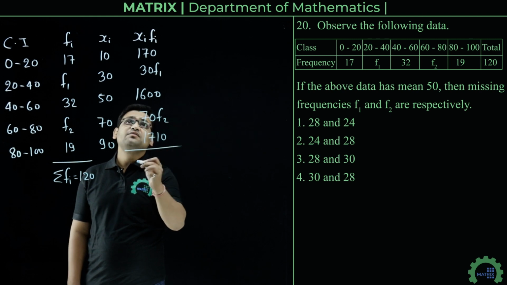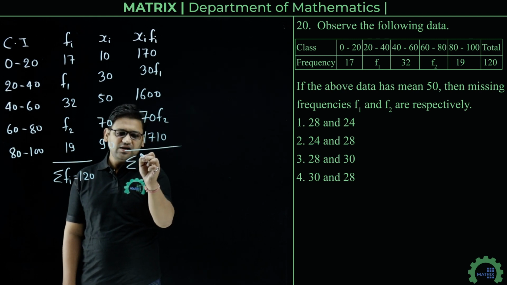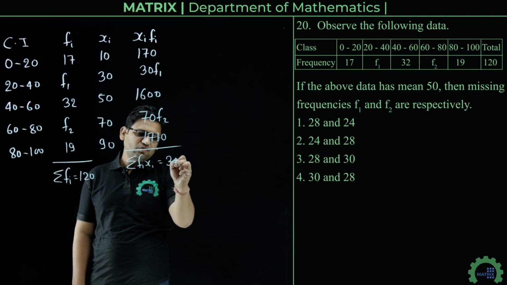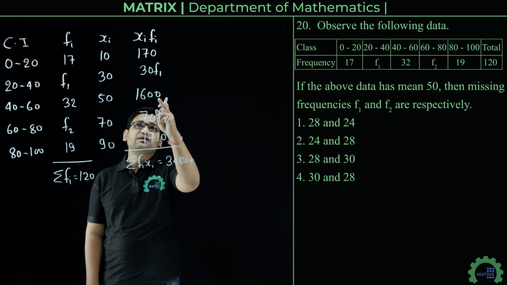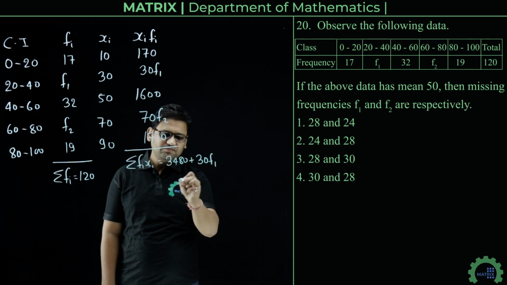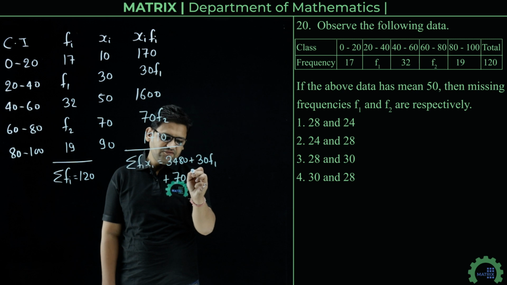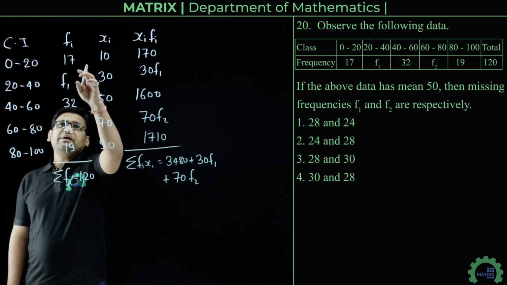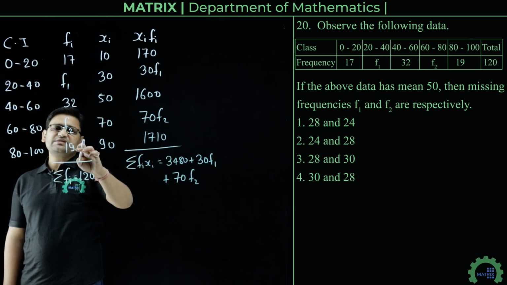So here this sigma Fi xi is equals to 3480 plus 30 F1 plus 70 F2.